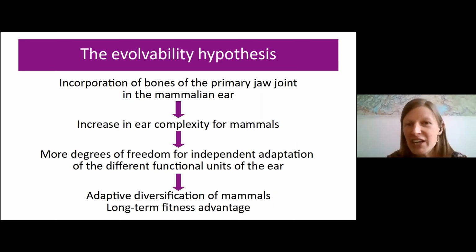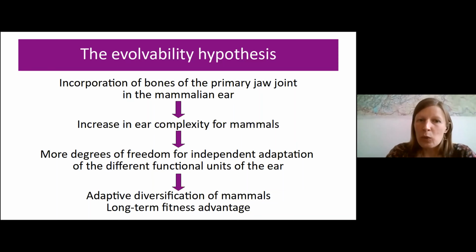So very early in their evolution, and especially after the dinosaurs died at the end of the Cretaceous, there were a lot of evolutionary niches that became empty. And so the mammals could very quickly go into these niches and adapt to them thanks to this ability to evolve new ear shapes. And this would have given a long-term fitness advantage for mammals.